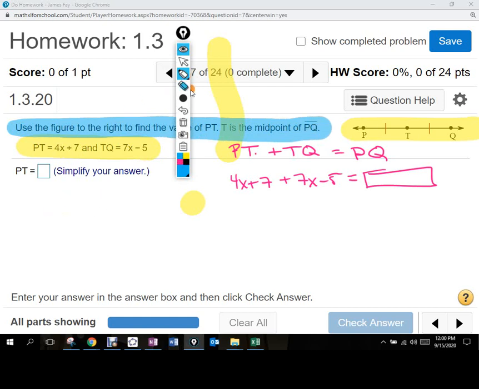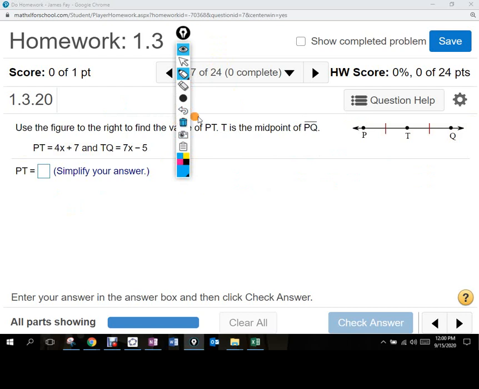But if I read that in blue, is there critical information there? T is the midpoint of PQ, right? Okay, so T is the midpoint of PQ. So what that tells me is a different equation. That distance PT and that distance TQ, they are the same. They are equal. Okay.